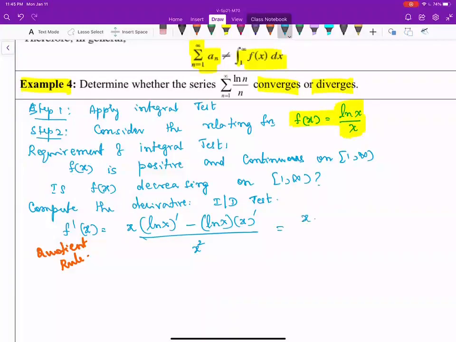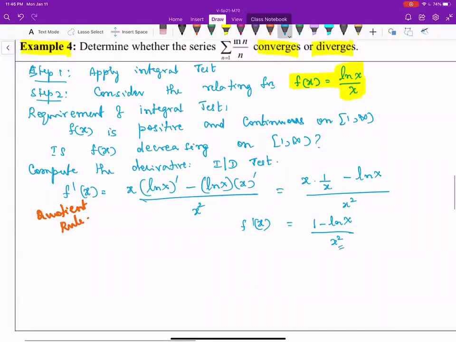So it is ln x times 1 over x minus ln x divided by x squared. So it will be 1 minus ln x over x squared. This is f prime x. So denominator is always positive.